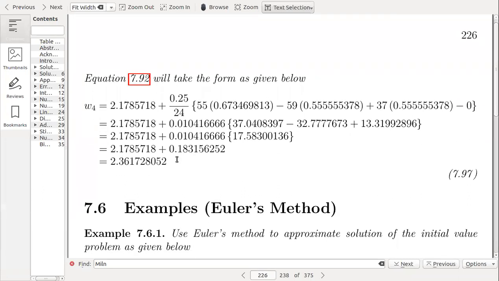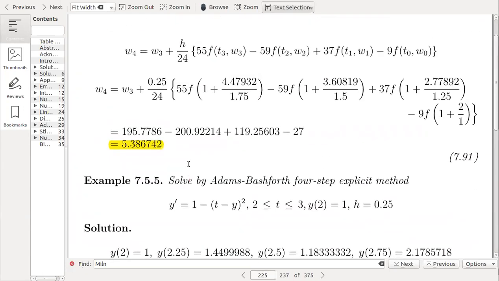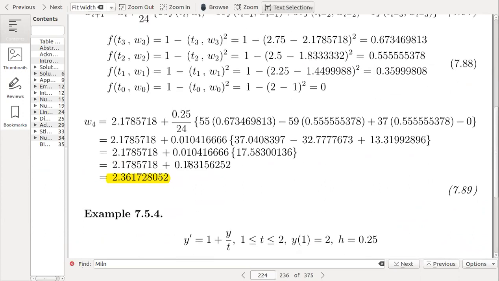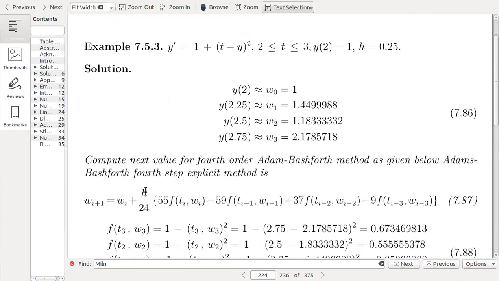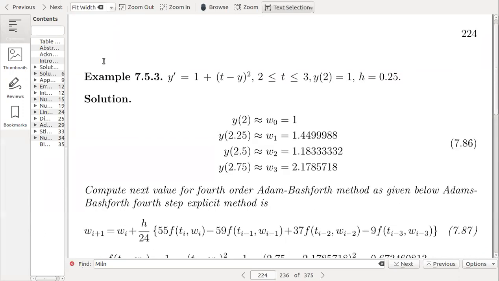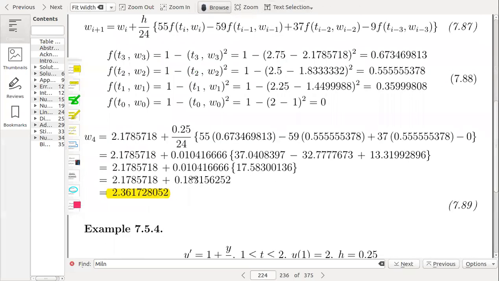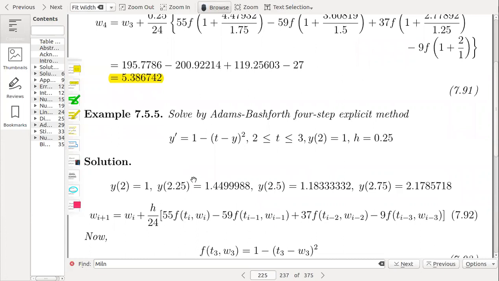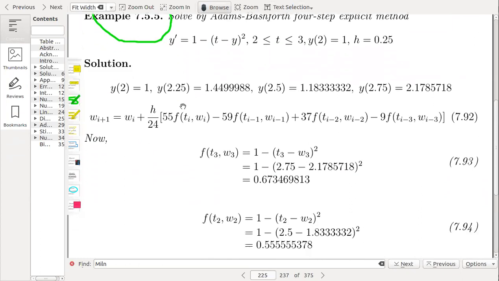It's no problem. The answers 2.361728 and 2.31728 are approximately the same. So we can now say that this example is repeated with this one, but this looks nicer as compared to the previous one.